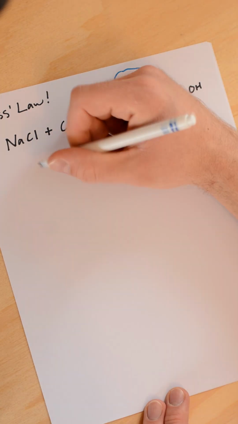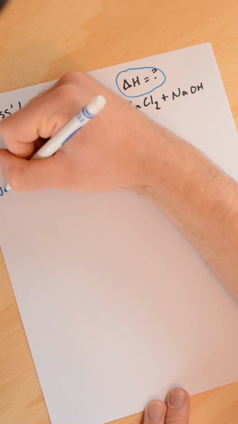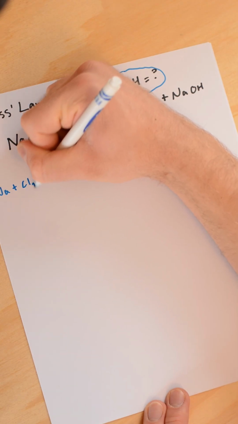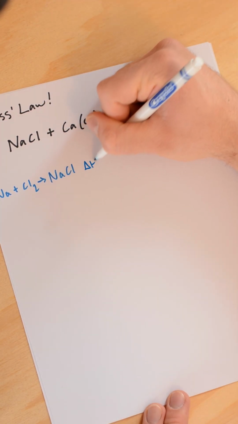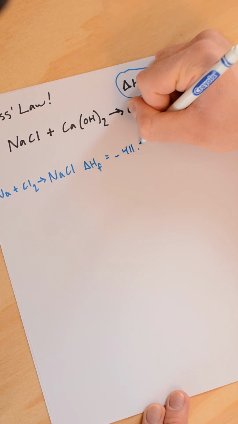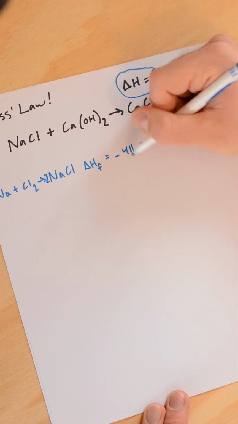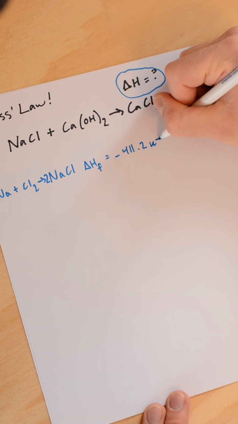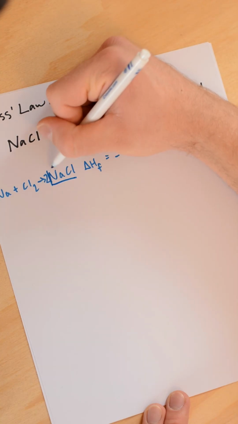So for example, from that table, sodium chloride, to form it from its elements, I'm not going to balance it, but the delta H for formation is going to be negative 411.2. Maybe we will balance it, it's pretty easy. That's the enthalpy of formation, in kilojoules per mole of forming this stuff.